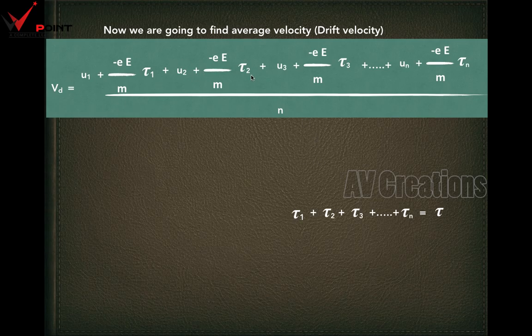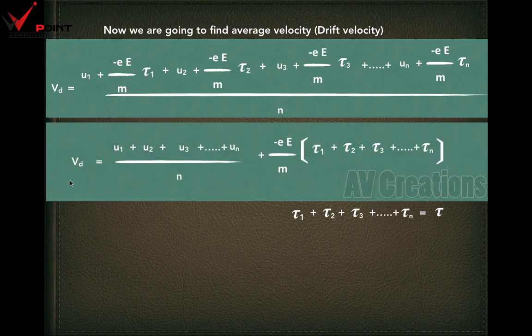Here we can take u1, u2, u3 to one side, so Vd is equal to u1 plus u2 plus u3 plus etc. plus un, all divided by n, plus minus eE by m, which is common everywhere, so we can take it out, into tau 1 plus tau 2 plus tau 3 plus etc. plus tau n, all divided by n. Here tau 1, tau 2, tau 3 are all time intervals.